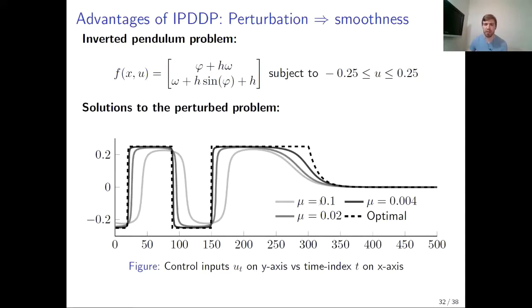As you can see, if we decrease mu, which is the perturbation parameter, the solution approaches the optimal solution, which is a discontinuous bang-bang control type of trajectory. So by using a sufficiently big perturbation, we can enjoy the smoothness properties of the problem.